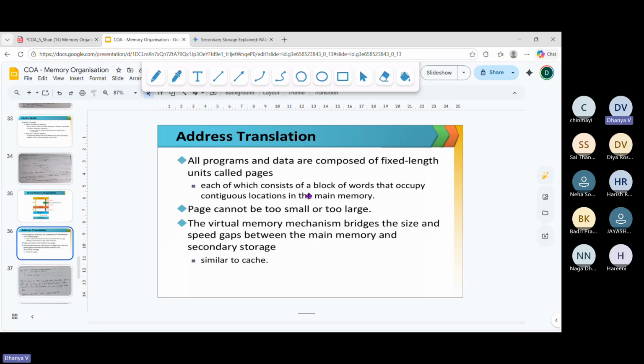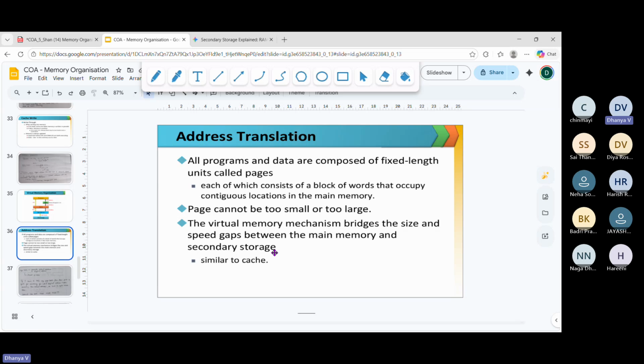Okay, so all programs and data are composed of fixed length units called pages, each of which consists of a block of words that occupy contiguous locations in the main memory. So it's all in terms of pages. A page cannot be too small or too large. The virtual memory mechanism bridges the size and speed gaps between the main memory and the secondary storage.